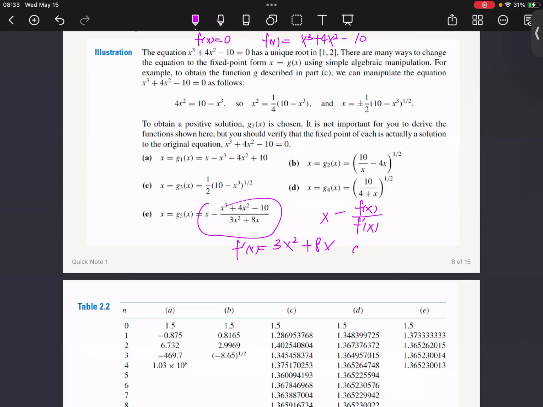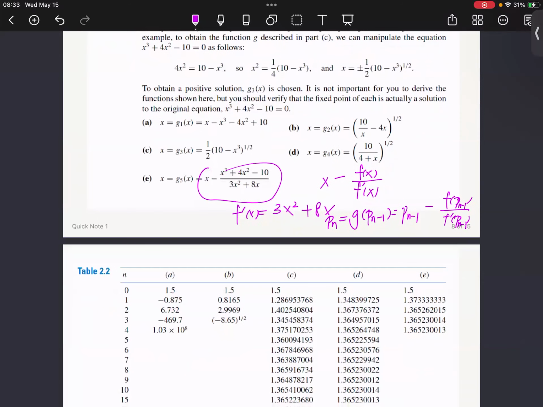And actually here is just the g. You set the g function here, g(Pn minus 1) equals Pn minus 1 minus f(Pn minus 1) over f prime(Pn minus 1), and you let this be your Pn. This is actually the Newton's methods.